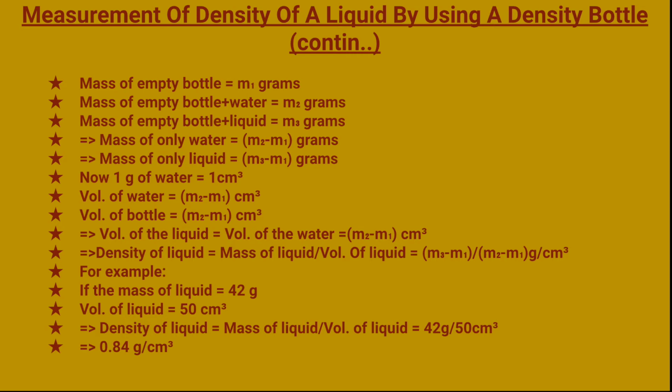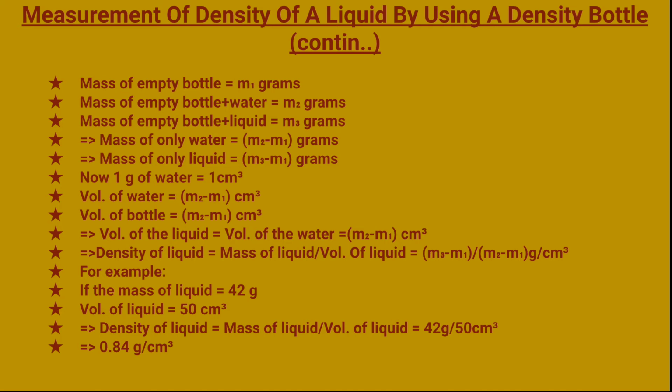So the volume of water will be m2 minus m1 centimeter cube. Therefore we can say that the volume of the liquid will be equal to the volume of water, that is m2 minus m1 centimeter cube.